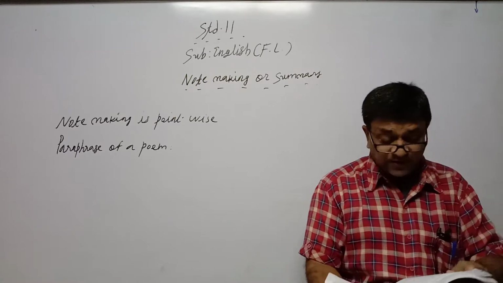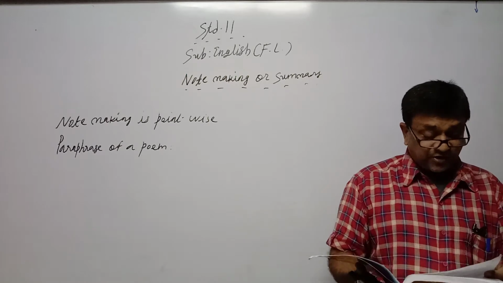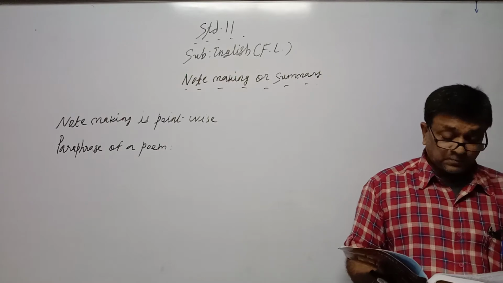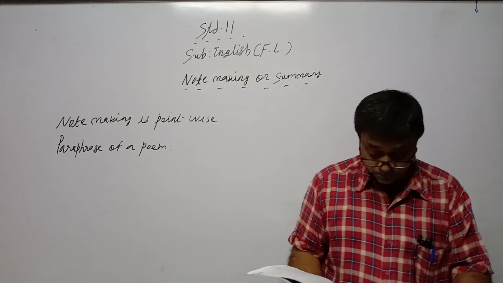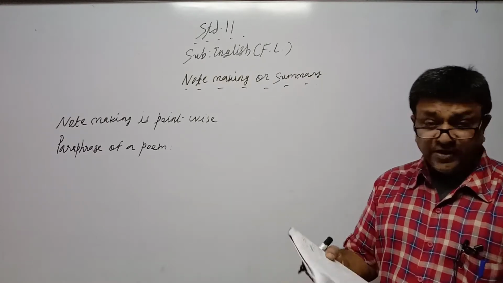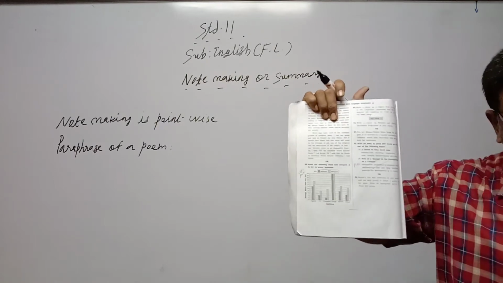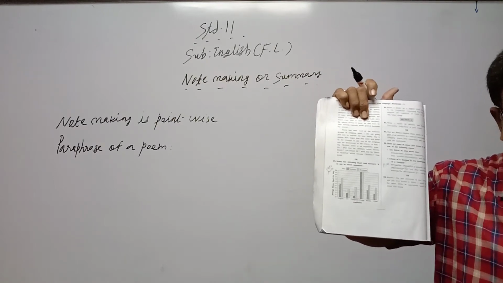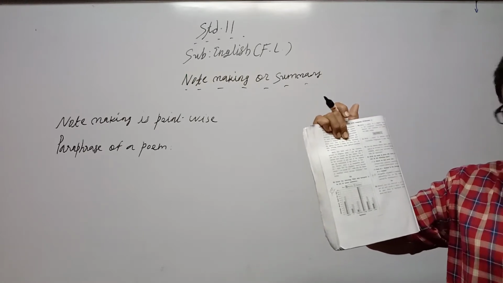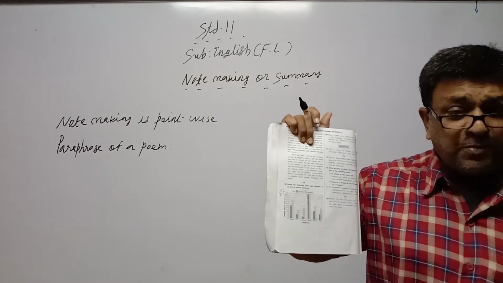What the poem conveys, you can easily understand. One more thing is there, information transfer. A picture, graph or chart will be given and you are required to write 6 or 7 sentences based on it.